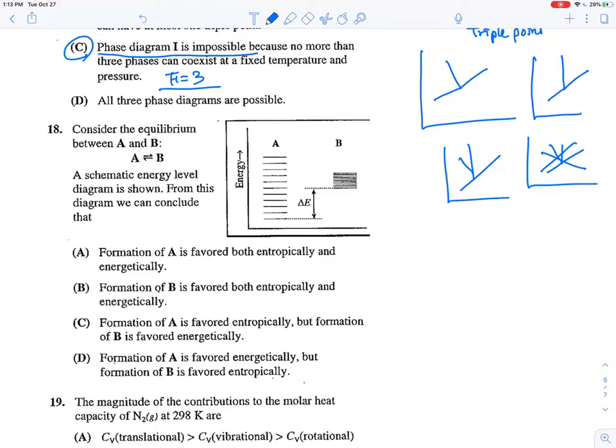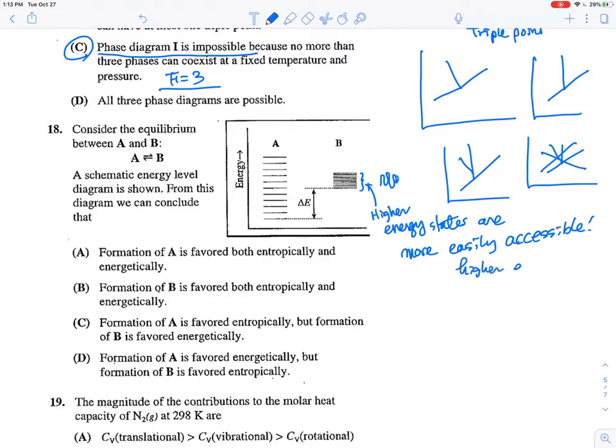And as you can see, the higher energy states are more easily accessible, right? So therefore they can go back and forth, and then they have a much higher entropy.